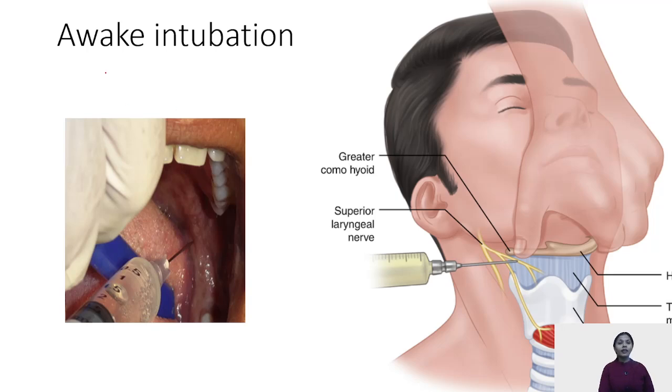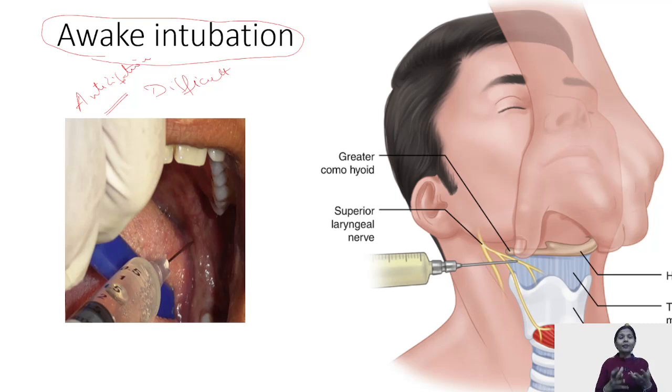Then you have a technique of awake intubation. In awake intubation, the case would be an anticipated difficult intubation, like obesity, or the patient has a mass, or restricted mouth opening. In all these cases, we prefer an awake intubation, where we anticipate that even bag mask ventilation will become very difficult for us.